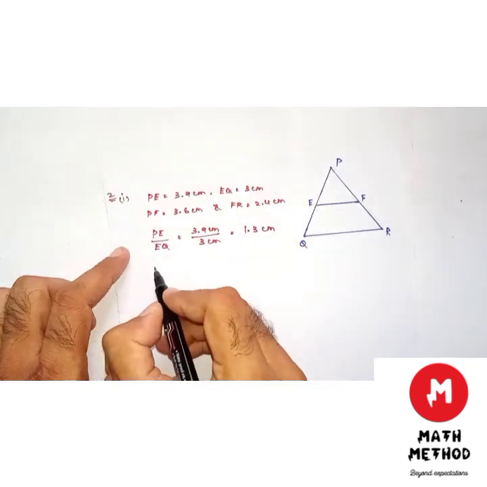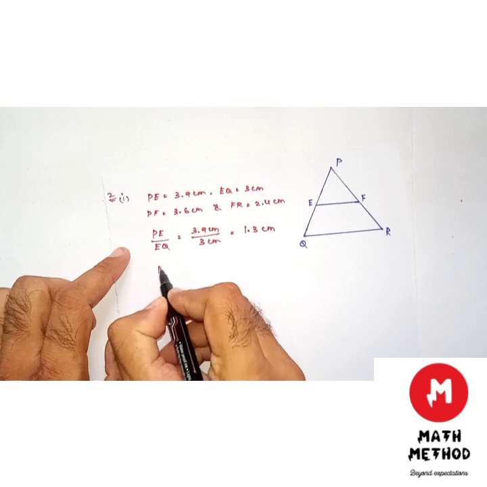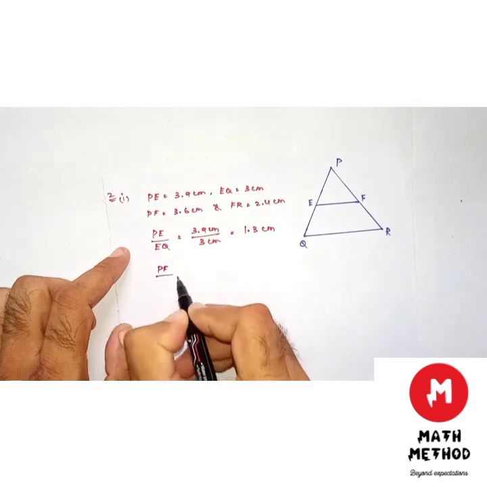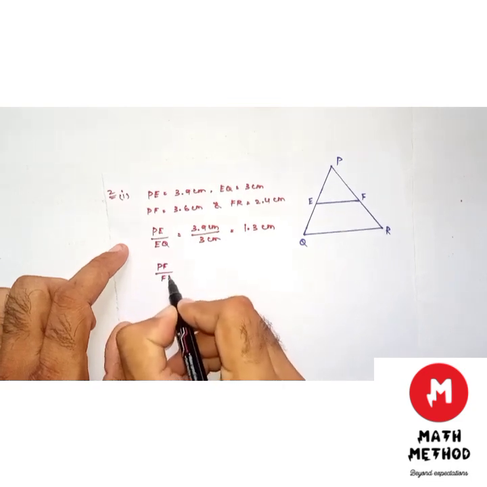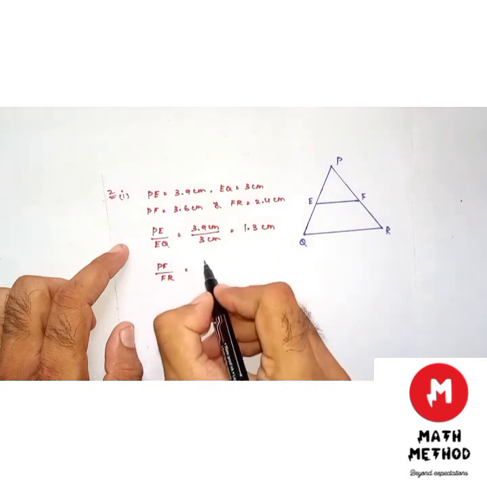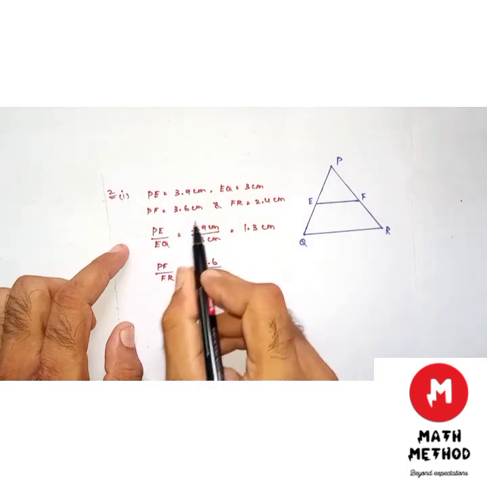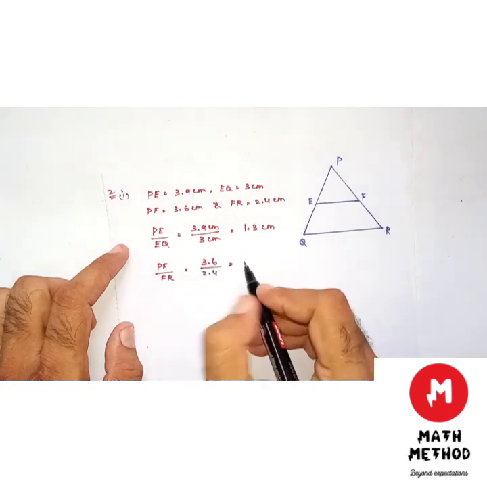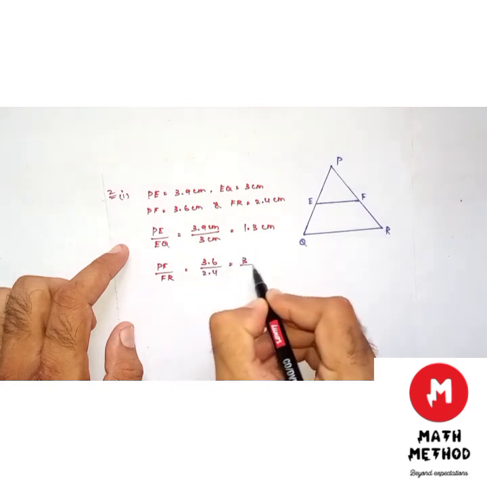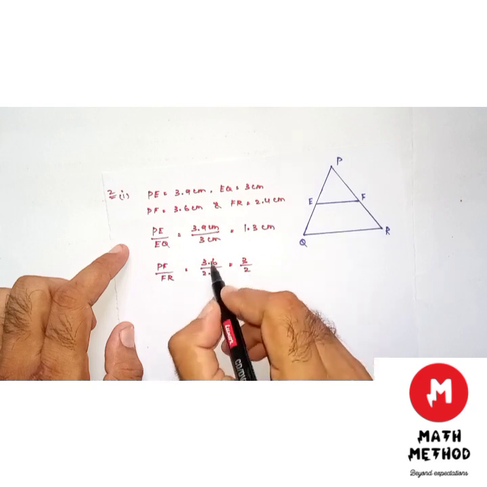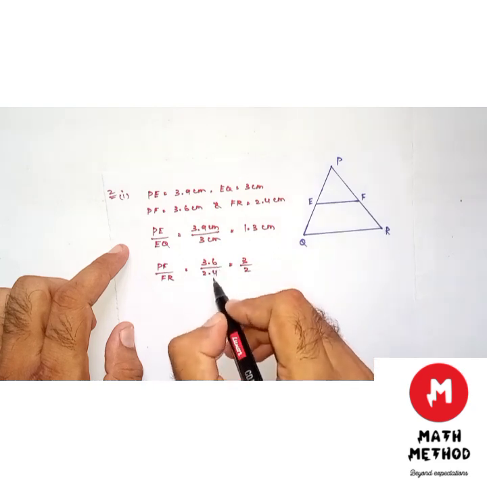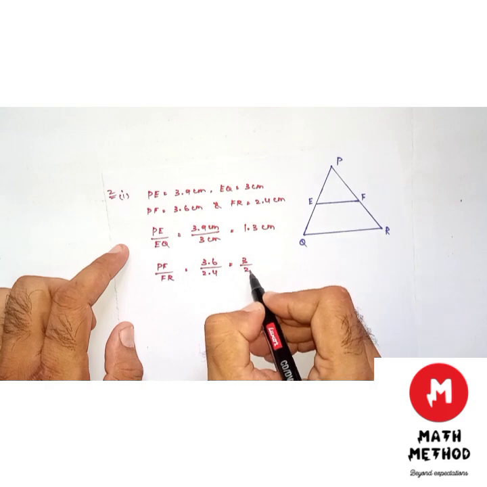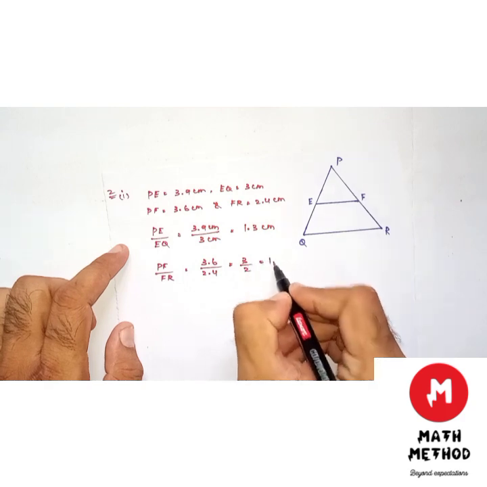Similarly, again we have to find PF upon FR. PF is given as 3.6 divided by FR, which is 2.4, which is equal to 3 upon 2. Divide both numerator and denominator by 1.2. We will get 3 by 2, which is equal to 1.5.